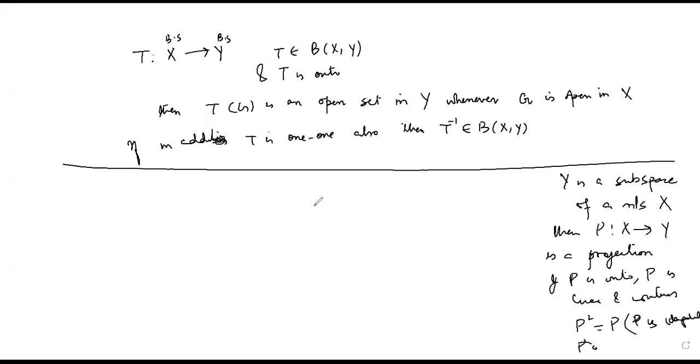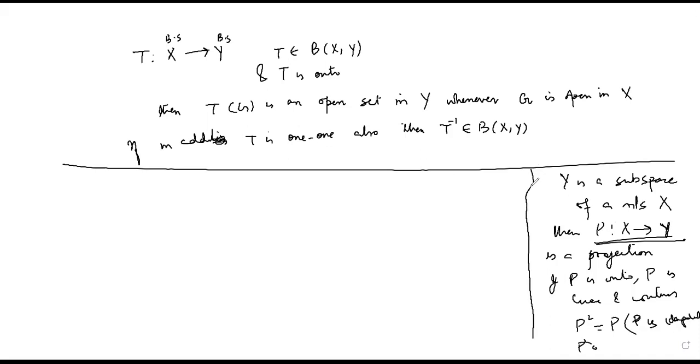इसी से related कि when, what should be the properties of Y so that you can find this projection, right? And then the question is another thing, that suppose now there exists a projection from a subspace.